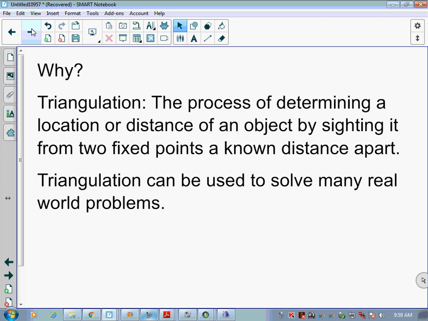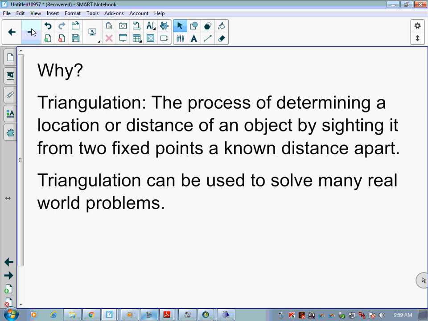Triangulation can be used to solve many real-world problems, and gets used all the time to find distances of things that are very, very far apart. If I know the distance between 2 objects, I can find the distance to a third object that's very far away. I don't need a tape measure to do that, because sometimes things are further than 25 feet apart. We don't want to use a tape measure, so we can triangulate.